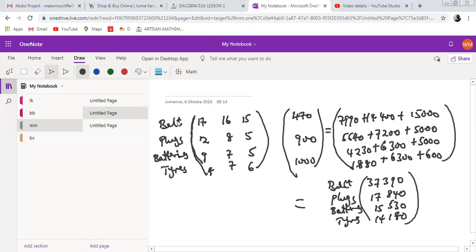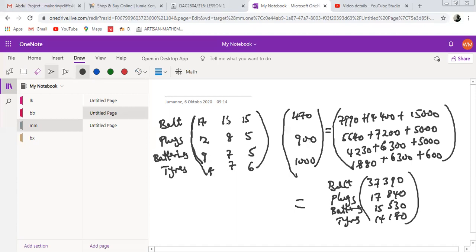So if we want to know the total number of belts, it is 17 times the number. Remember, this one is the number of spare parts per vehicle. So the saloon requires 17 per vehicle, and we have 470 saloon cars, so we multiply 17 times 470. For the station wagon, each requires 16, and we have got 900, sorry.